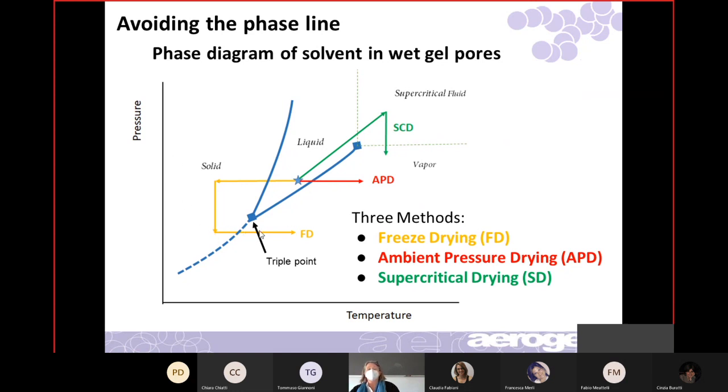It's called sublimation. I can do that. That's one way to avoid crossing this. That said, you can cross the line using what's called ambient pressure drying. So you stay at, again, that same ambient pressure. I don't have to raise the pressure. I just have to heat it, right? I dry it by heating the material.